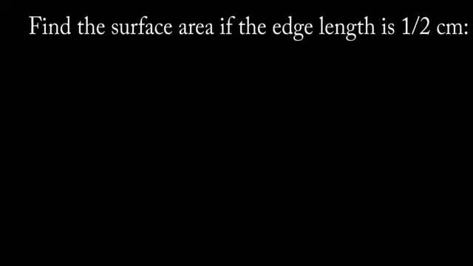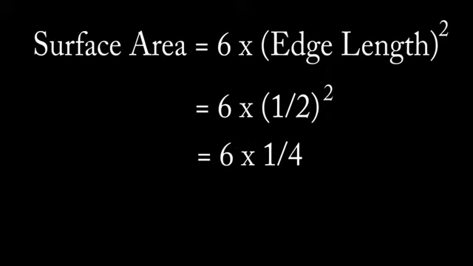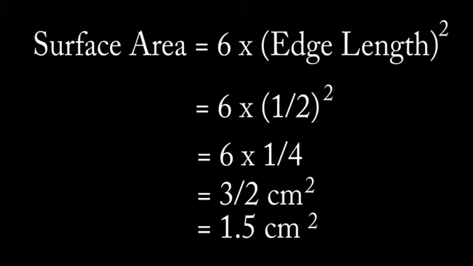C. Find the surface area if the length is 1/2 centimeter. 6 times 1/2 squared. 1/2 times 1/2 equals 1/4. 6 times 1/4 equals 6/4. In lowest terms, 3/2. Surface area equals 1.5 square centimeters.